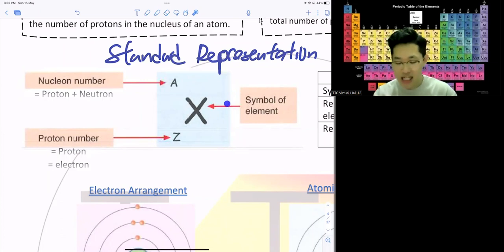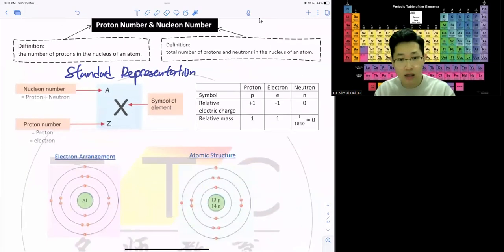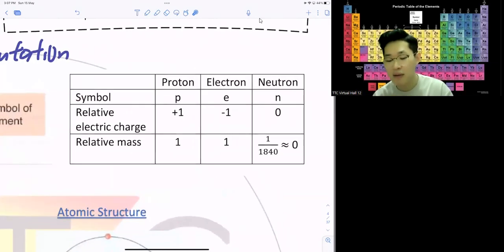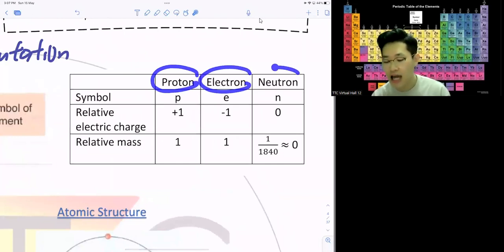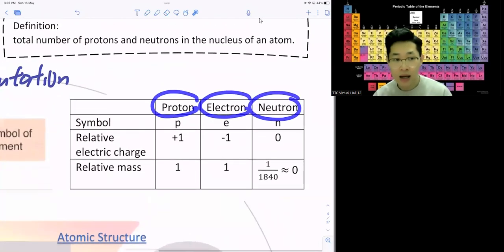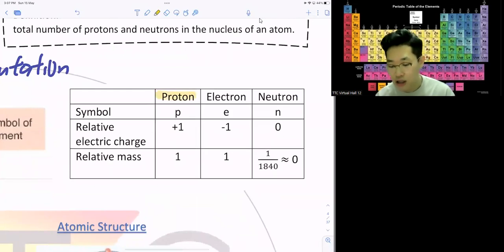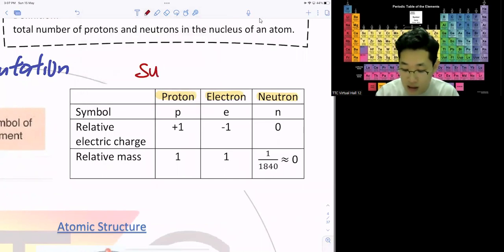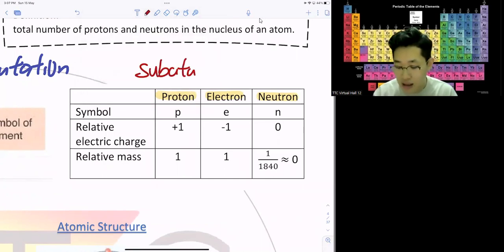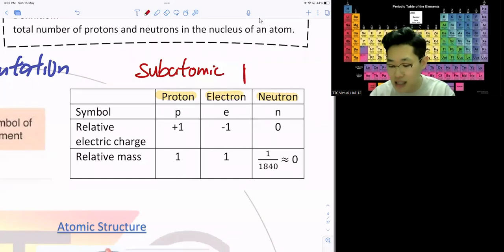Make sure you know what that is. So why do we put things into this form? Because it gives us all the information of an atom. What information can be found in an atom? Atom is made up of proton, electron, and neutron. Proton, electron, and neutron are known as subatomic particles.